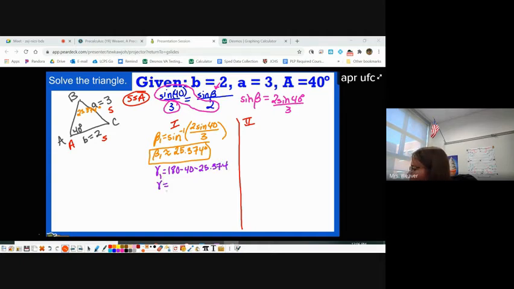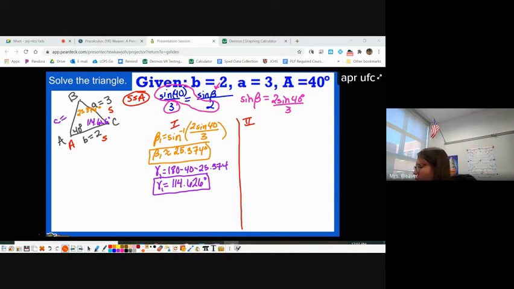That gives me gamma sub 1 is 114.626 degrees. Don't forget your degree sign, otherwise we'd be in radians. And then the last thing we need is side C that's opposite of it.